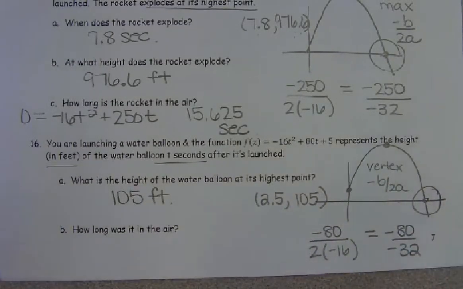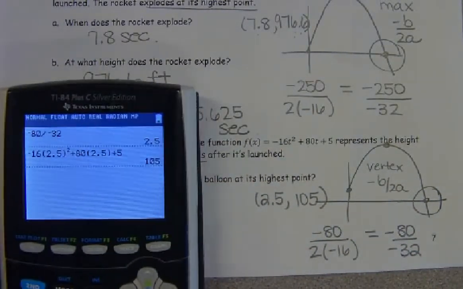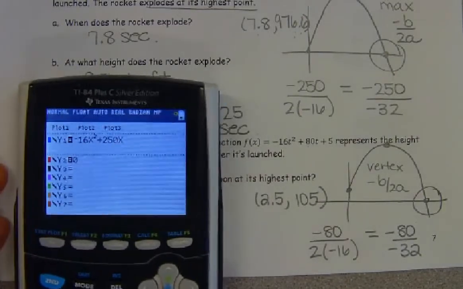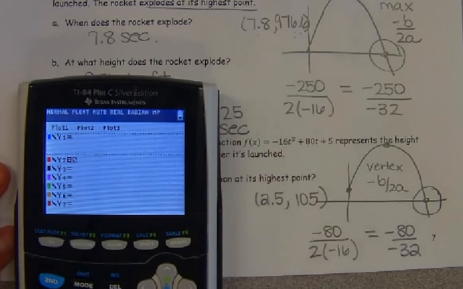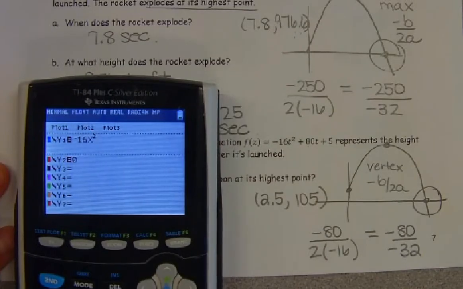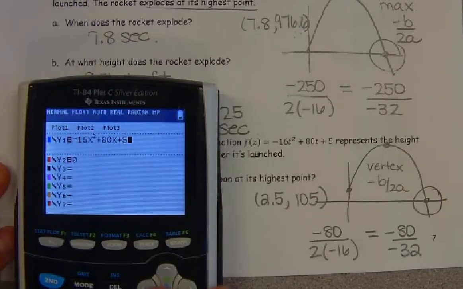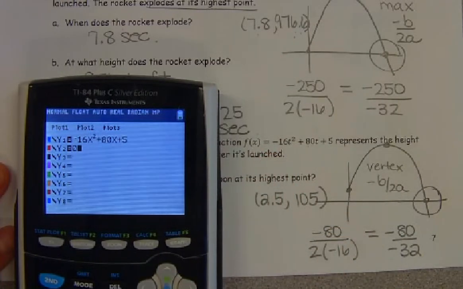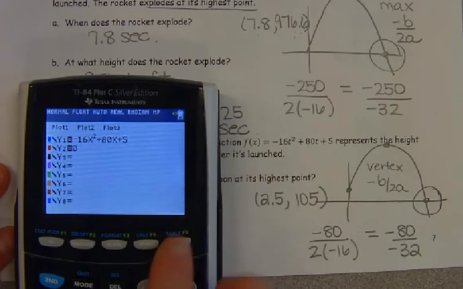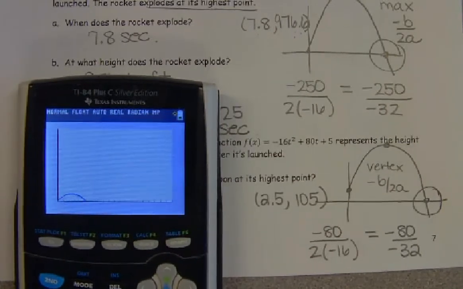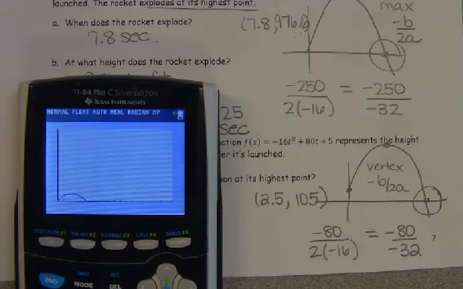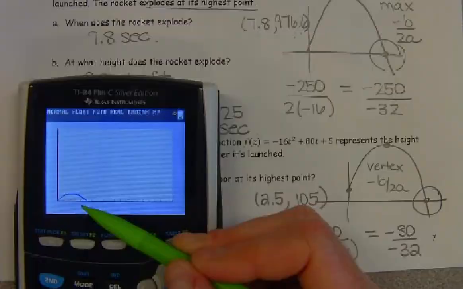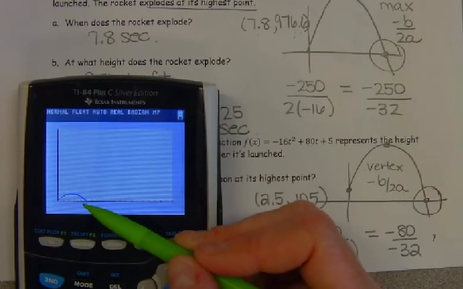Next question says, how long was it in the air? So again, we go to y equals. I'm going to put in this equation, negative 16x squared plus 80x plus 5. And then I'm going to put in 0 here again, and I'm going to hit graph. Even though I can barely see it, I'm still going to get my 0. So I'm going to try and find this point right here where it hits your x-axis.